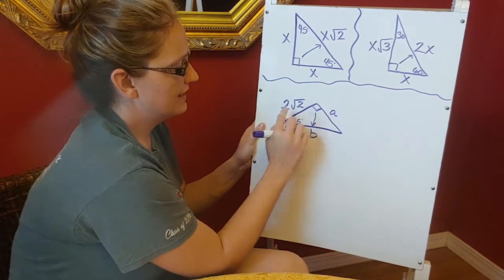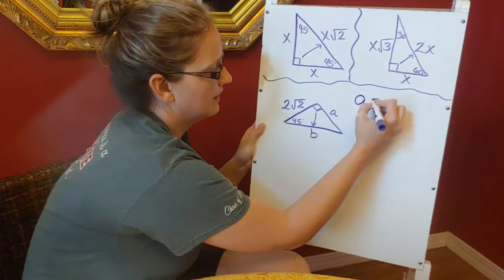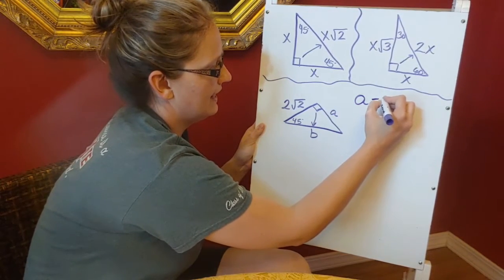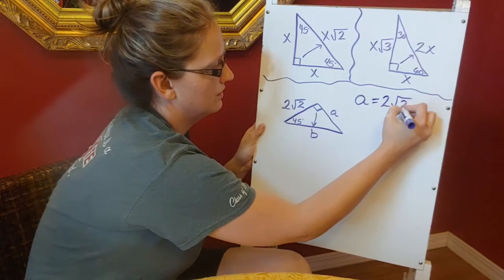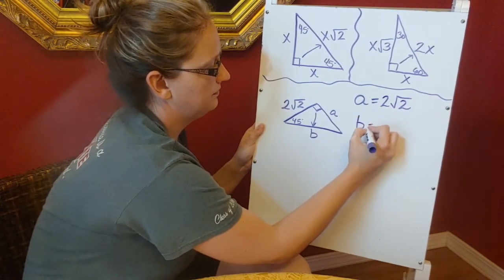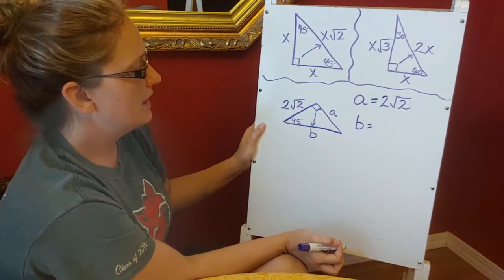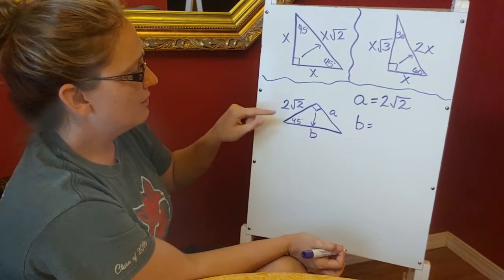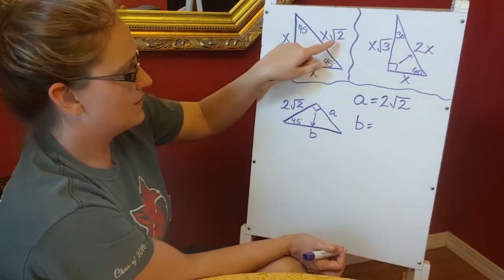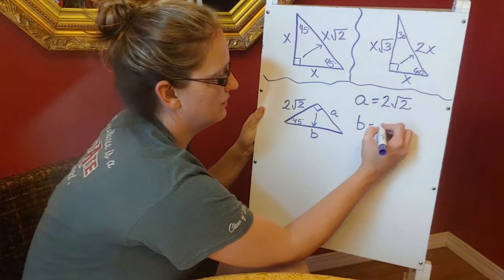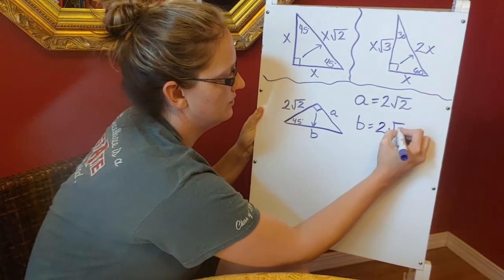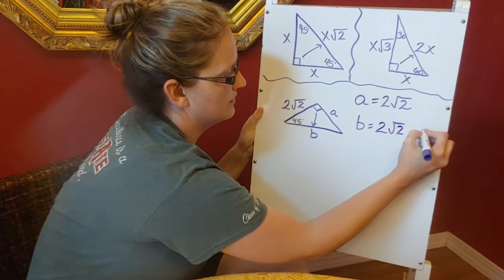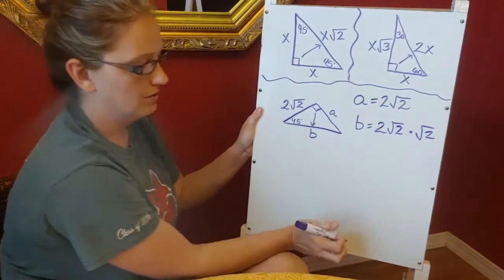So I know if this leg is 2 square root of 2, then leg A also has to be 2 square root of 2. Now if I'm looking at B, B is whatever my leg is times the square root of 2. So I'm doing 2 square root of 2 times the square root of 2.